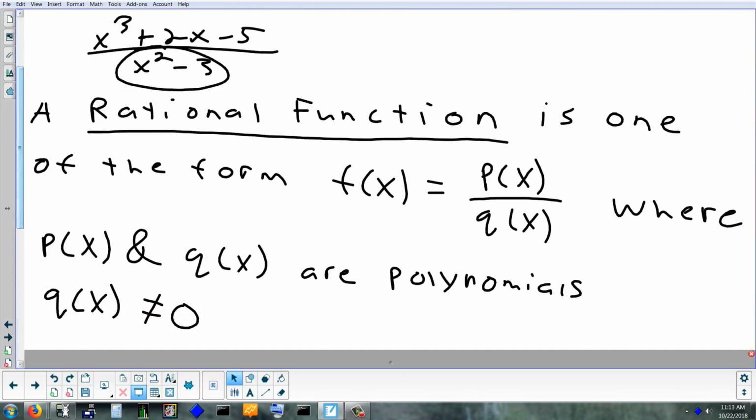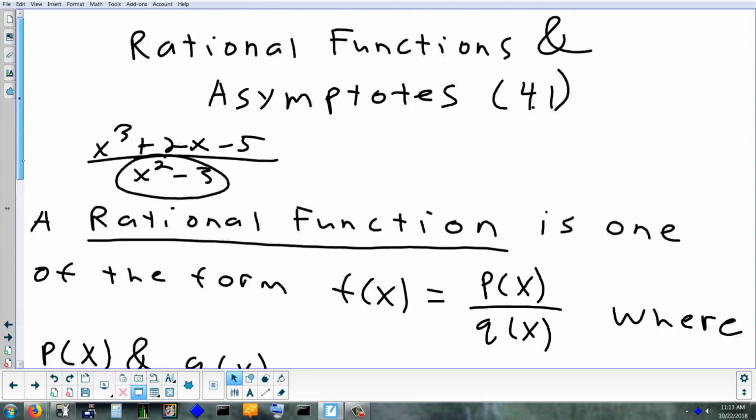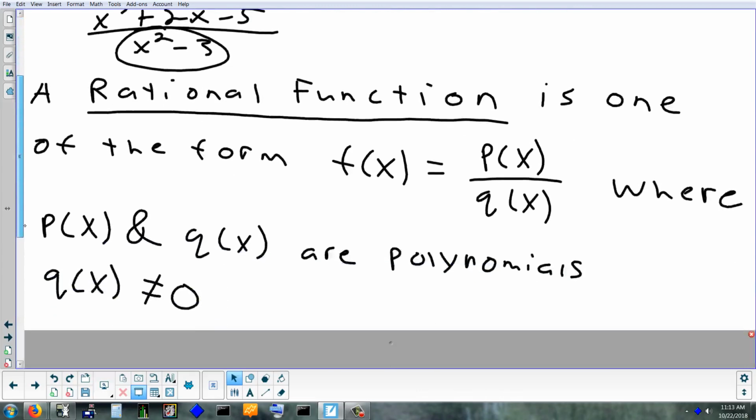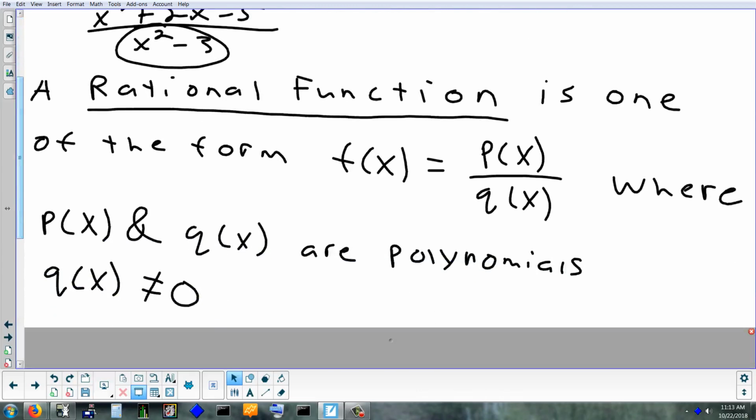And if it could, we're going to end up with an asymptote. There's different kinds of asymptotes. Some are horizontal, some are vertical, some are even slanted, some are even curved. We'll talk more about those later on.